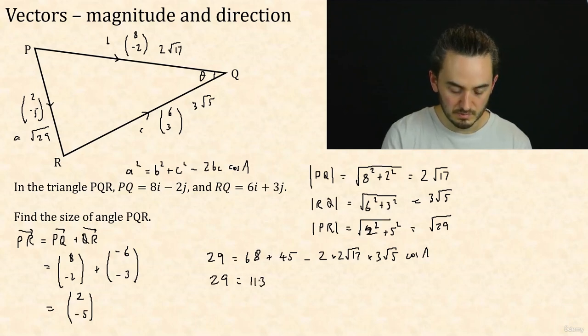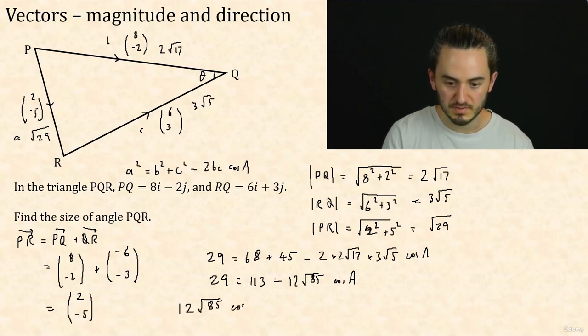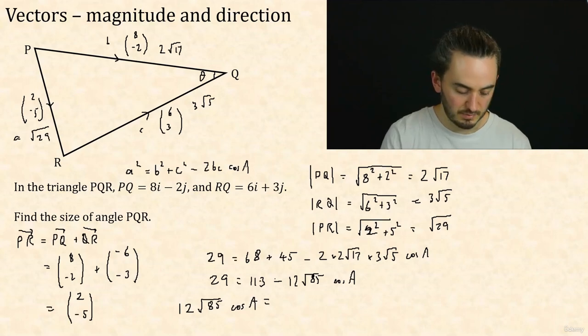And then 2 times 2 root 17 times 3 root 5 is 12, so minus 12 root 85 cos A. Okay, adding that to both sides and subtracting 29 from both sides, I get 12 root 85 cos A is 113 minus 29, which is 84.